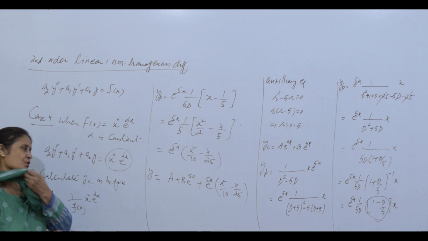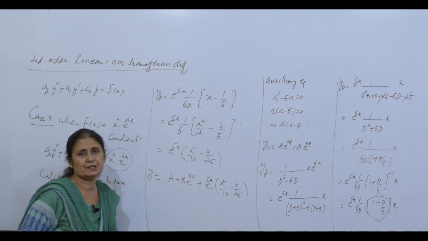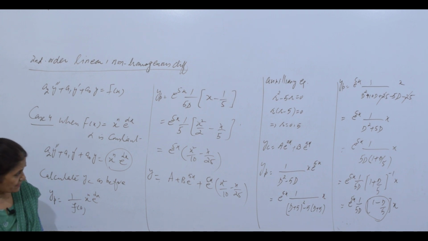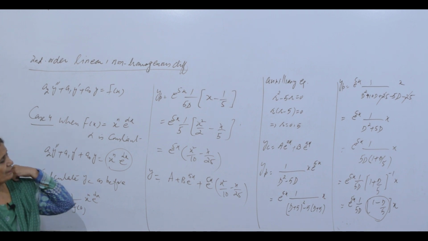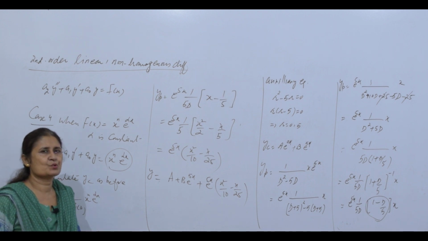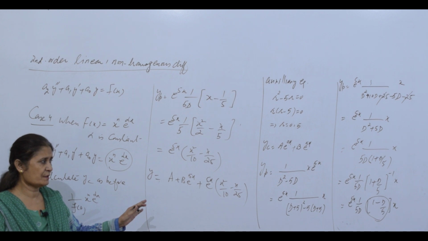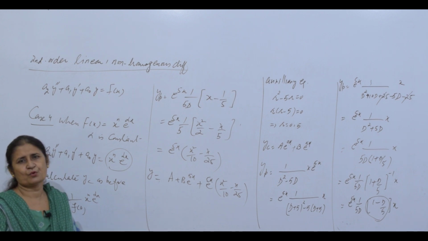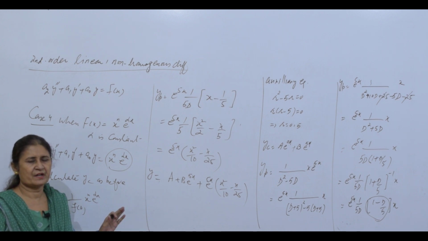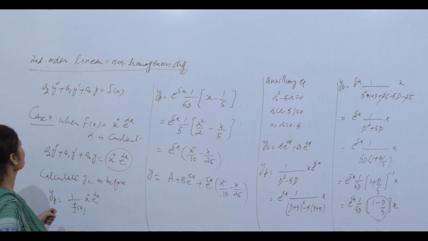So this is the general solution which contains yc and yp. I'll write a couple of questions as follow up. You have to look at the videos, try to understand the ideas, and then perform the questions which I'll write in a minute on the board so that you will solve those.